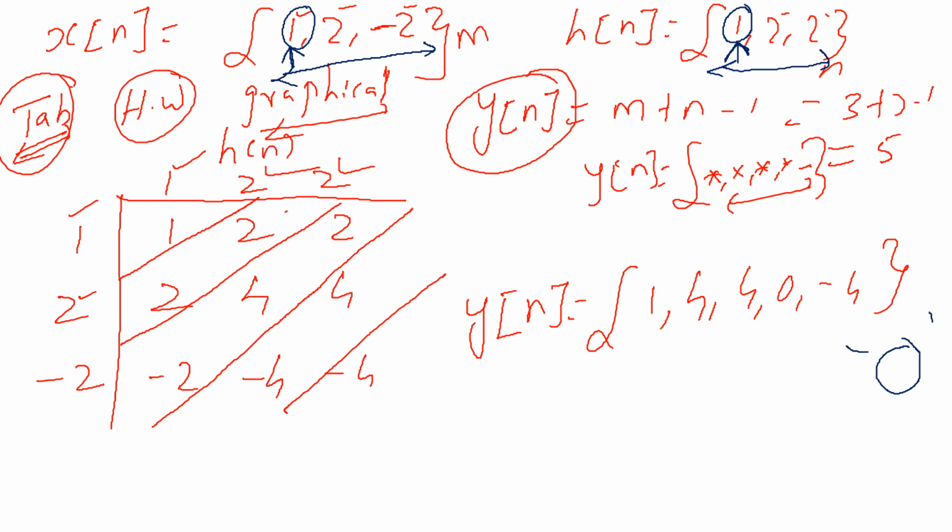Okay, so for y of n, this is the origin point. As an example, say the origin is given at the second point, the third point.